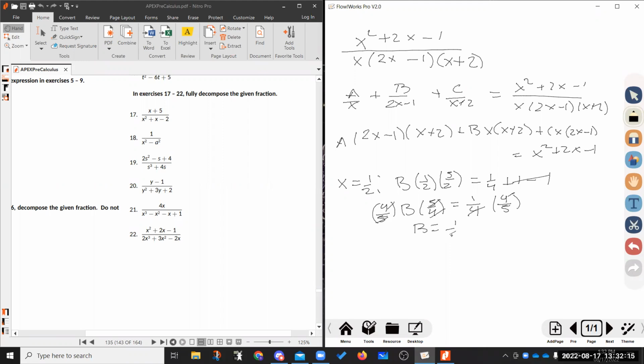B is equal to 1/5. Now I'm going to let x be equal to -2. When I do that, I have c times -2 times -5, which is equal to 4 minus 4 minus 1. So 10c is equal to -1. C is -1/10.